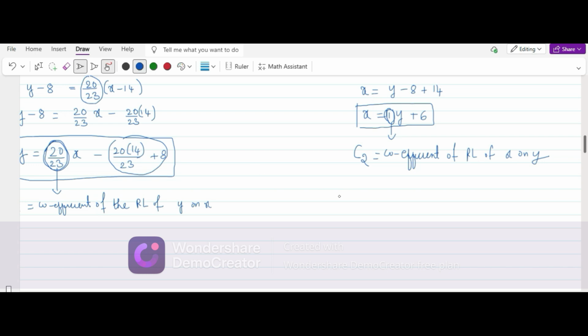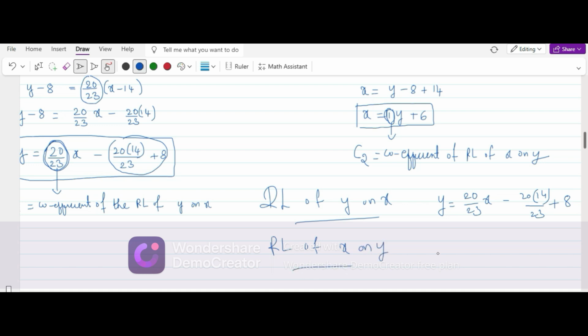You have to write the regression line of y on x: y equals 20 by 23 times x minus 20 into 14. If you want, you can simplify it with a calculator, or leave it like that, no problem. And the regression line of x on y is x equal to y plus 6.